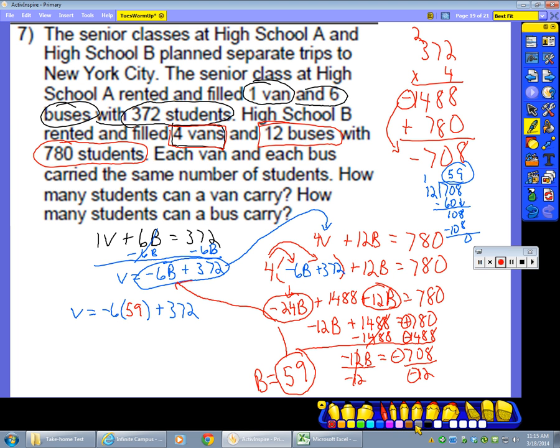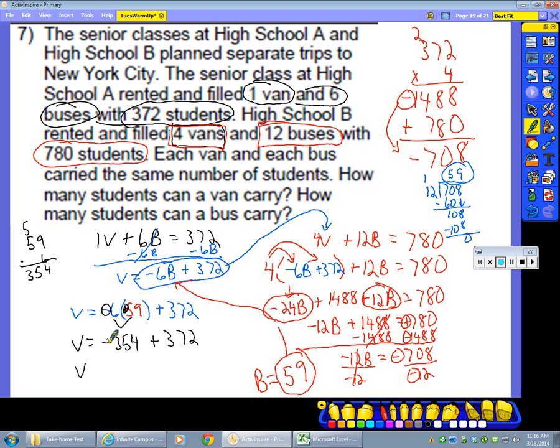Now I'm going to do a negative 6 times 59. 9 times 6 is 54, carry my 5. 6 times 5 is 30 plus 5 is 35. It's a negative times a positive, so this will be a negative 354 and a positive 372. That's what v equals.